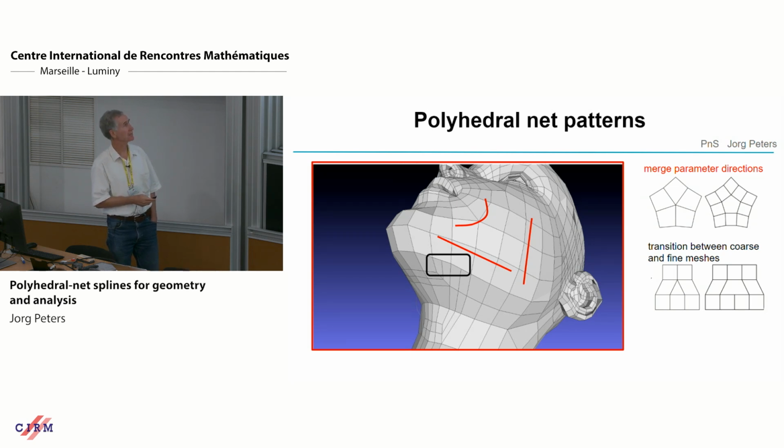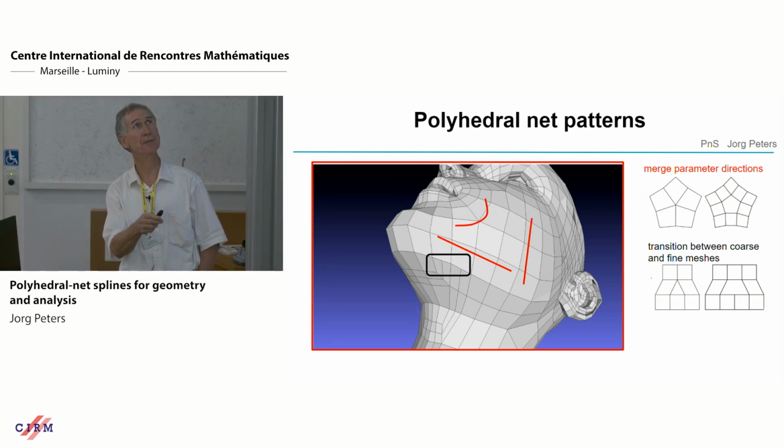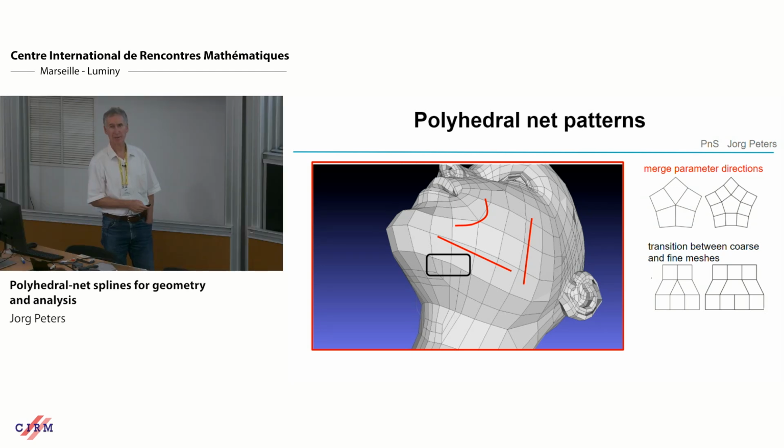There's a second type of feature where you actually want to stop a parameter line, because it's otherwise too much work to work all the detail up into this region. And so this is obviously called a T-junction. There it is, the T, right? And then you have something that's very similar, also serves the same purpose, and which is to go from some finer partition to some coarser partition.